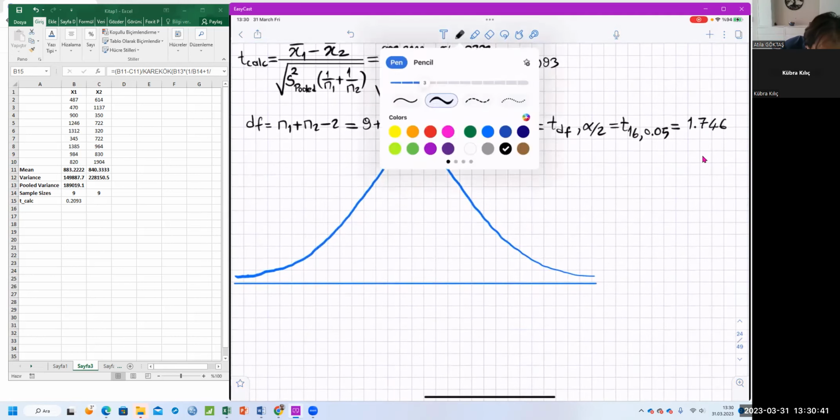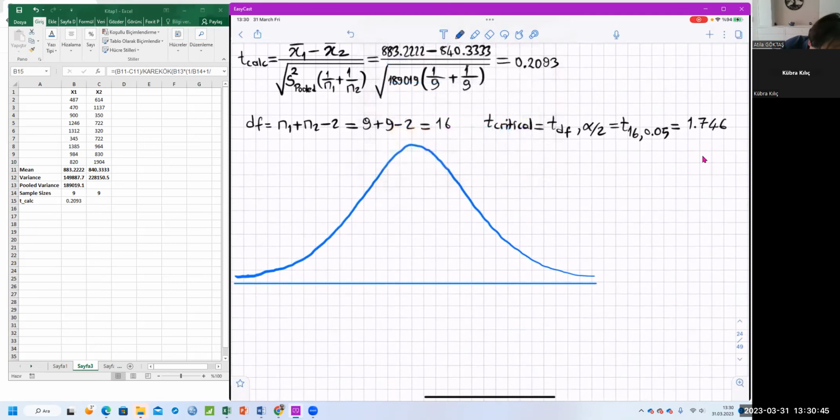Okay. So I'll change the color. I have one on the left and one on the right.